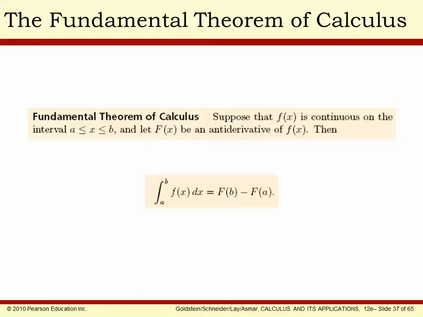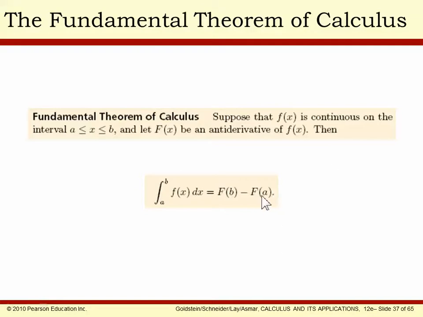So if you have a continuous function on the interval a to b, and F is any antiderivative of f, then the definite integral from a to b of f of x dx is equal to this antiderivative, any one, evaluated at b, minus the antiderivative evaluated at a.